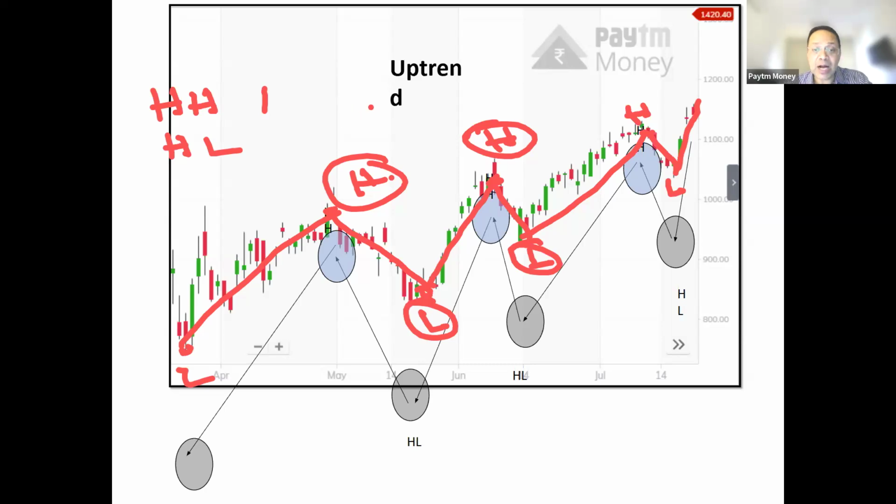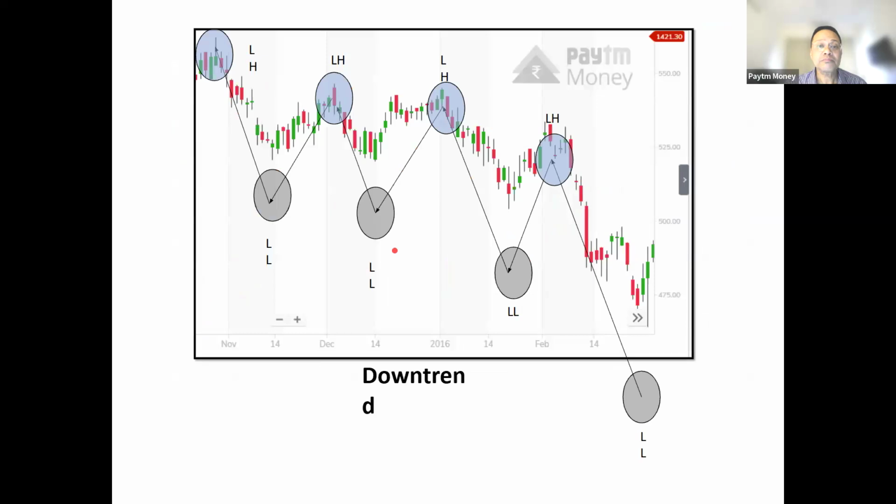Now, what is a downtrend? Similarly, a downtrend is lower high and lower low. Now look at it. See, this is a high. This is a high. This is a high. This is a high.